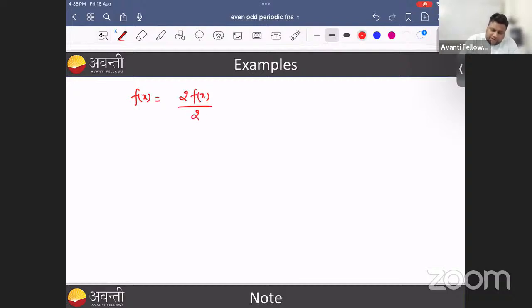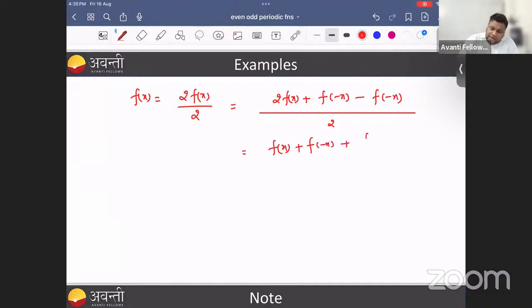Multiply by 2, divide by 2. Now in the numerator, after 2f(x), you add f(-x) and subtract f(-x). So the numerator I can write as [f(x) + f(-x)] and [f(x) - f(-x)], upon 2, upon 2. Am I clear?